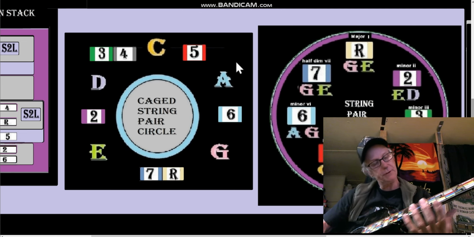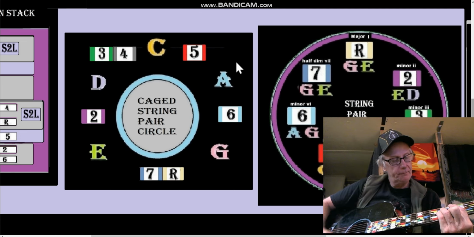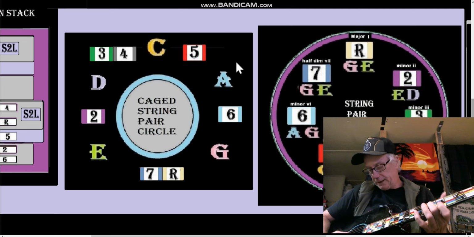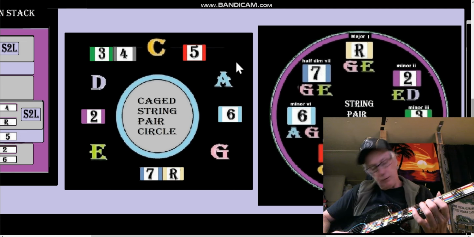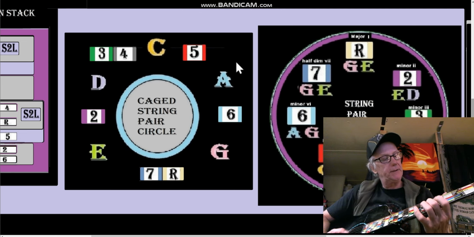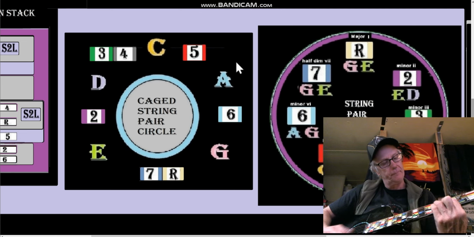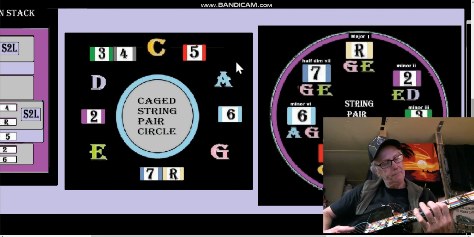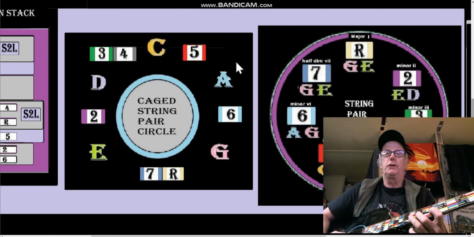So if you're doing something in A minor, we'll take that local root on that A minor right there. Now, of course, you can go up and down in fifths and fourths in the string shapes.